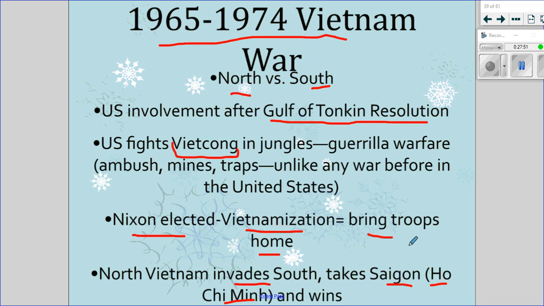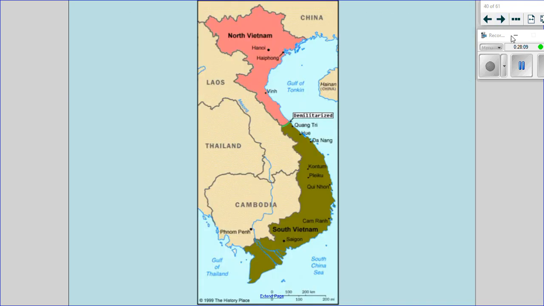Basically, they had been fighting for their independence since they were a French colony, and the war with the United States was just the latest chapter in a war that they had been fighting for generations. And so we were going to have a tough time, no matter what.